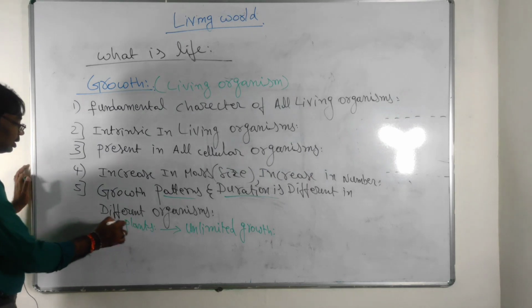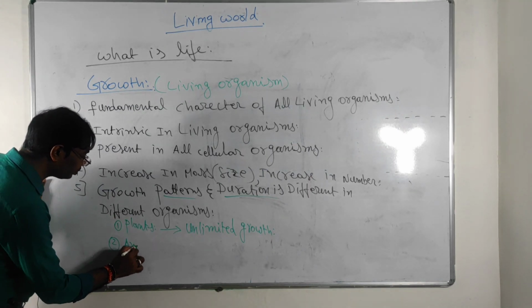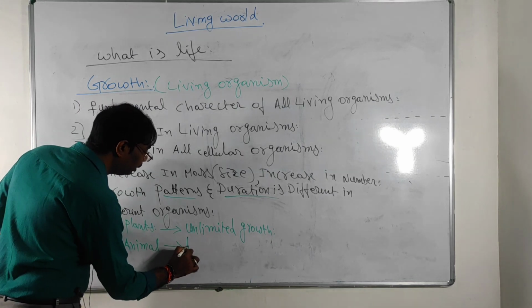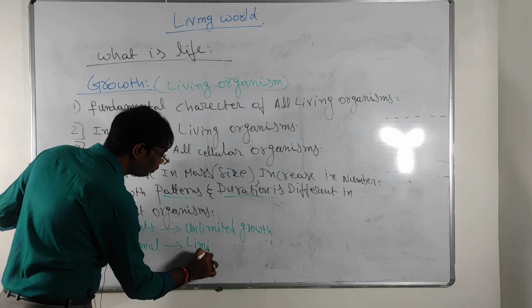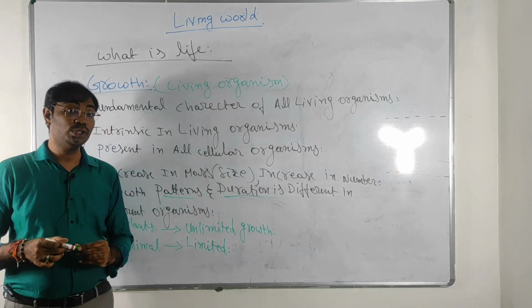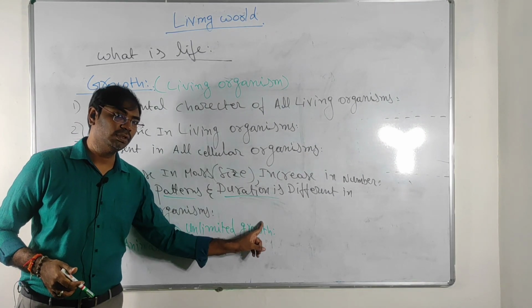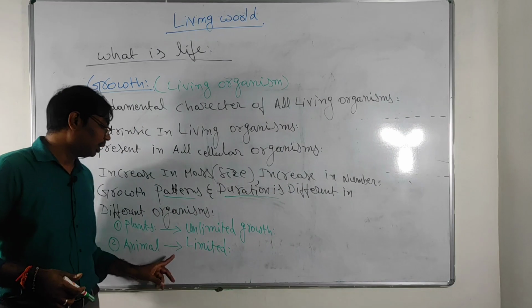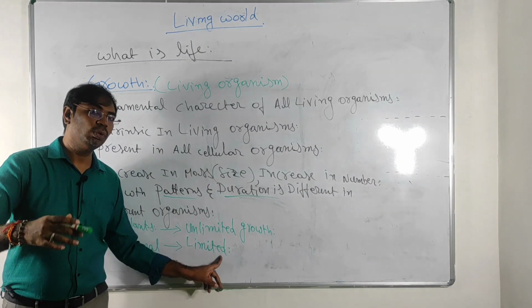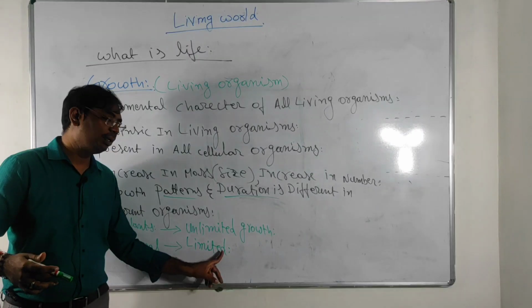Then we will discuss another thing, growth in animals. The animals have limited growth. What is the meaning of limited? Plants have unlimited growth, meaning the plant is able to grow throughout life till death. But animals have limited growth. Limited growth means the animal is able to grow up to some time, then they stop their growth. That is called limited growth.